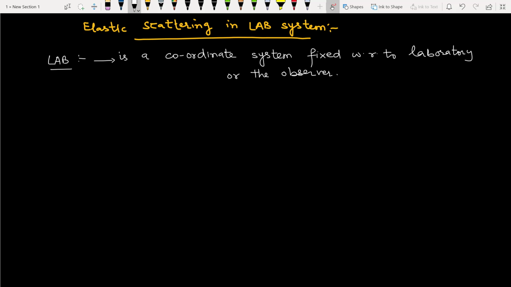All the observations are made by the observer himself in this coordinate system.